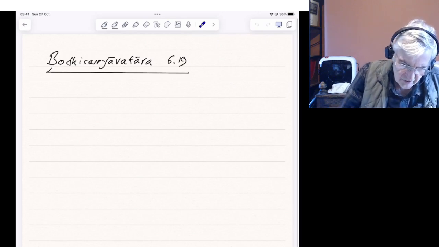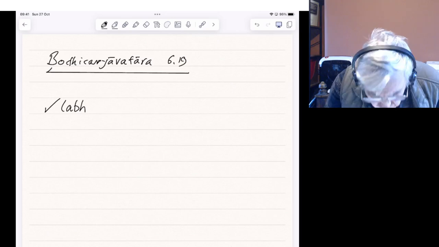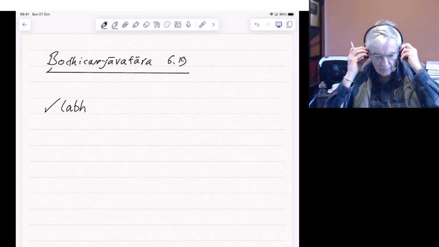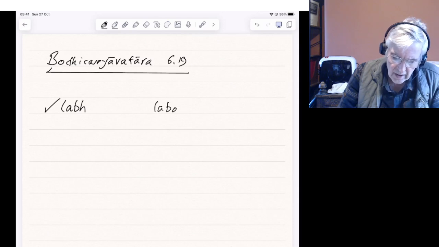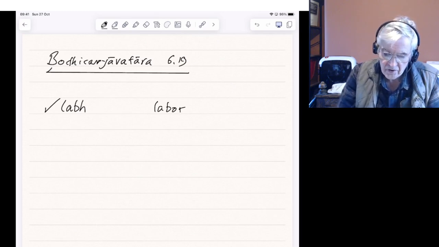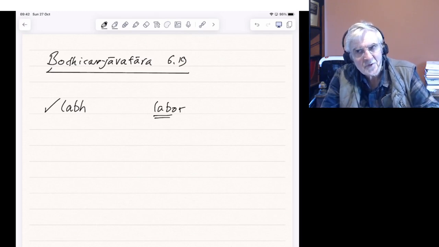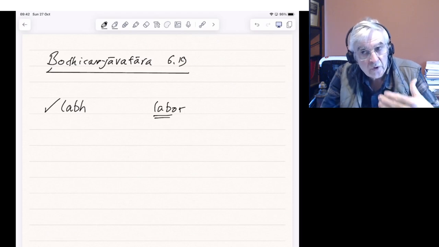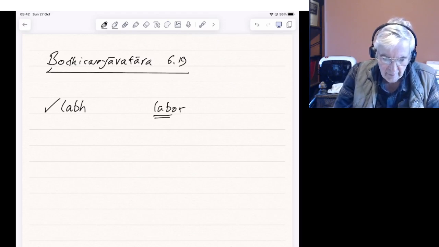So root labh, to get, to obtain, cognate actually with the Latin word labor, laborare, to work, on the grounds that the Sanskrit root is the getting of it, the Latin root is what you have to do in order to get something. That's the underlying meaning of labor.